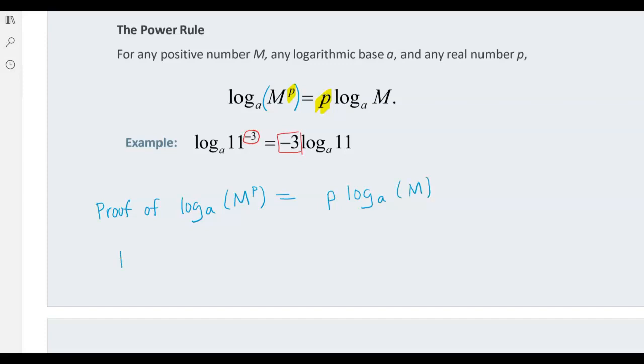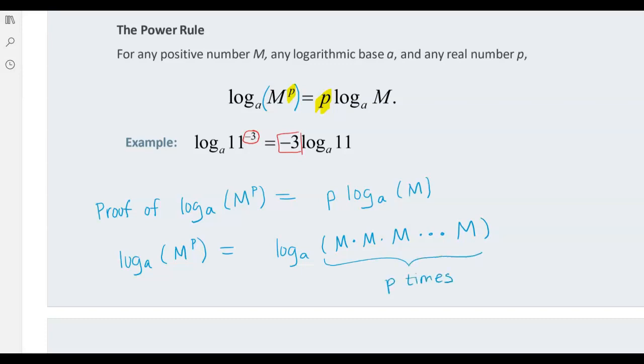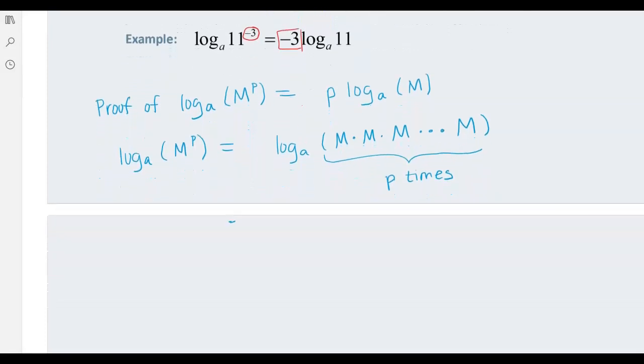So let's start with the log of m to the p power. This is the same as m times m times m, multiple times, right? In fact, p times. So using the product rule, we could say that this is log base a of m plus, just taking each of those m's that are multiplied and changing it into a separate log that's added together.